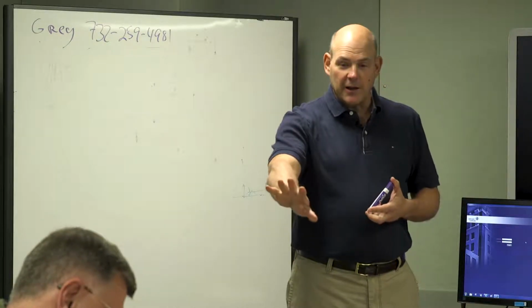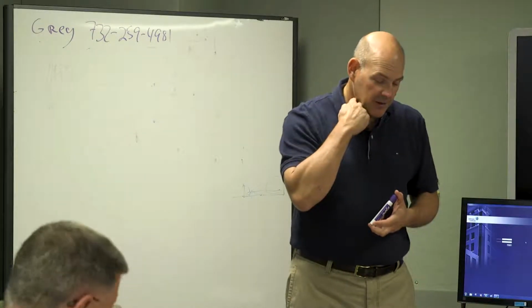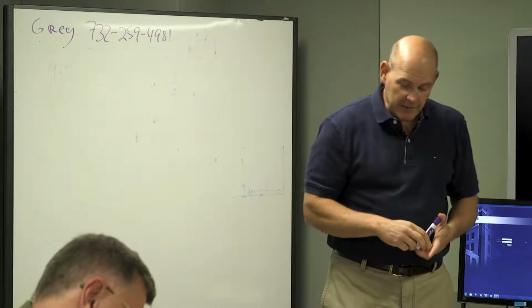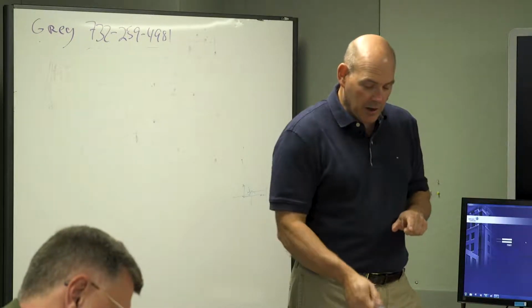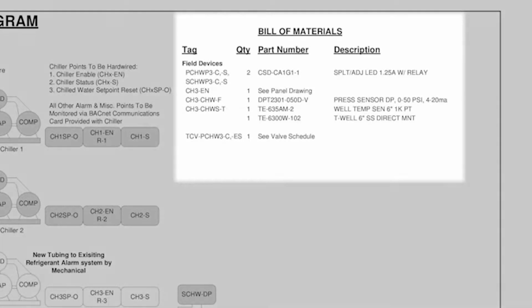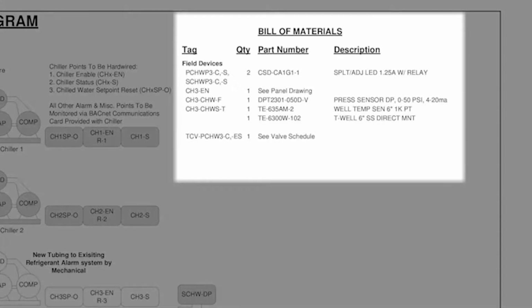Now, I know you wrote a lot of this stuff down so you could memorize everything. But on the top right-hand corner where it says Bill of Materials, you can look up all of those points and see what parts were ordered. So if something was broken, you can look at this submittal and say, hey, here's the part number, and I need another one. It's as if you're going to do the work yourself.